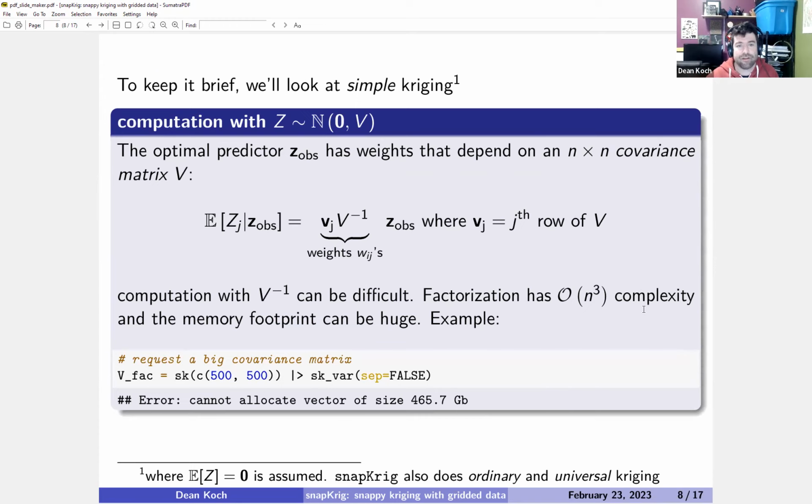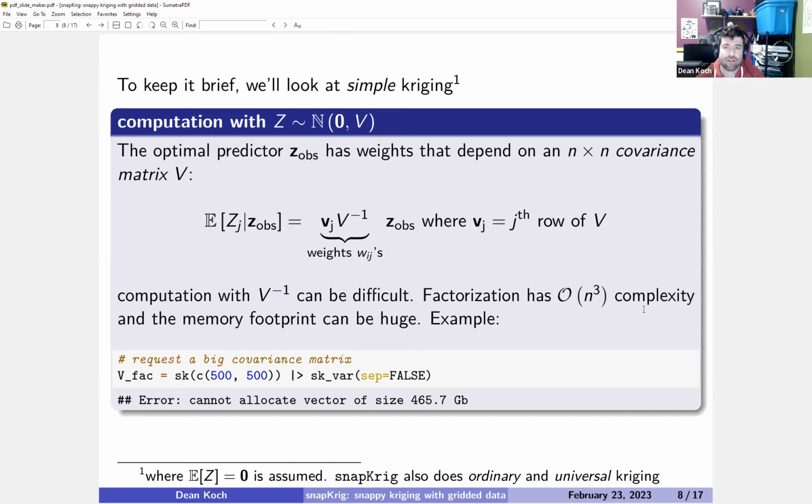We're just taking a row of the covariance matrix, multiplying it by the inverse of the covariance matrix, and this gets us our weights, our kriging weights, in order to form that weighted average in our predictor. But the reality is that this is simple algebraically, but computationally it can be very difficult.